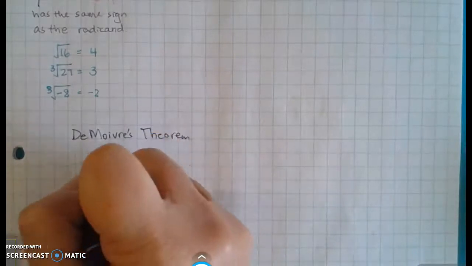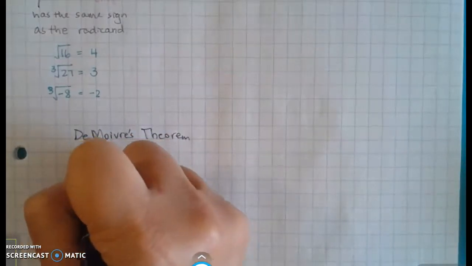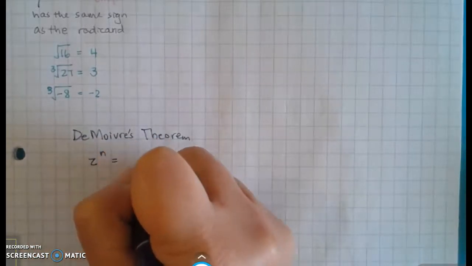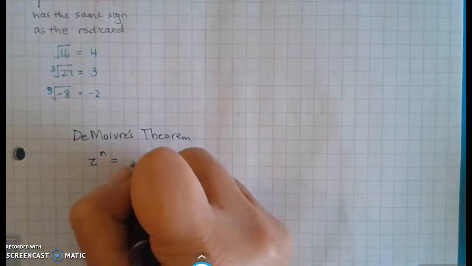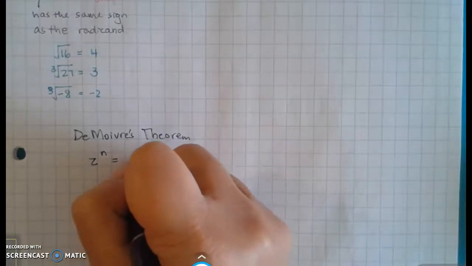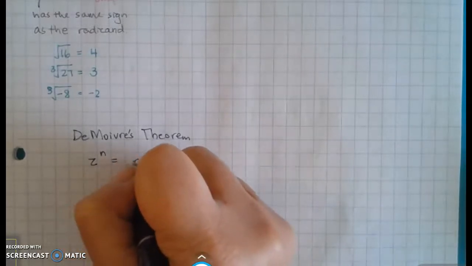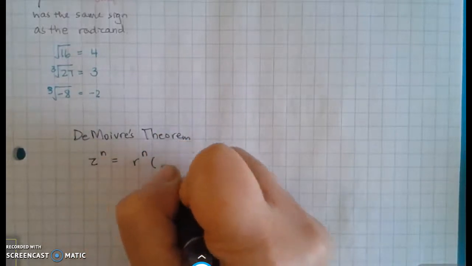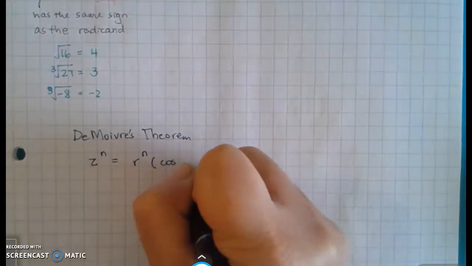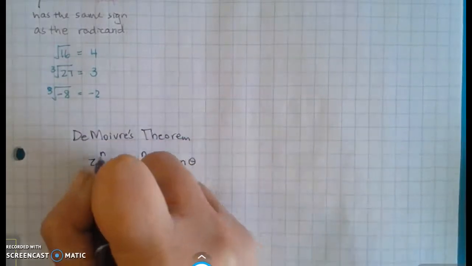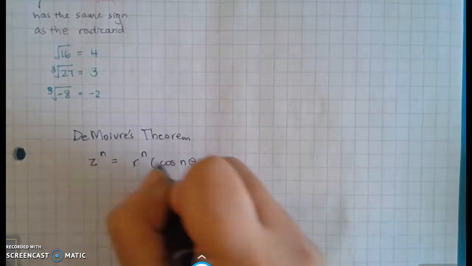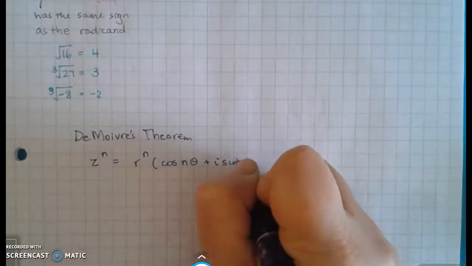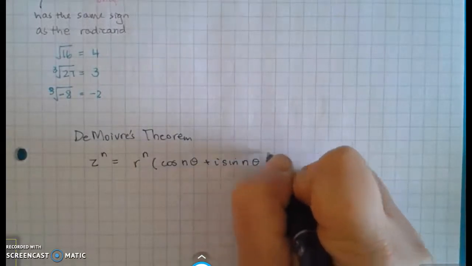So de Moivre's theorem said that if I am raising some complex number to the power of n, then if it's in polar form, this can be written as the radius or the modulus raised to the power of n multiplied by cosine of n theta, n being the power that we're raising it to, plus i sine of n theta.